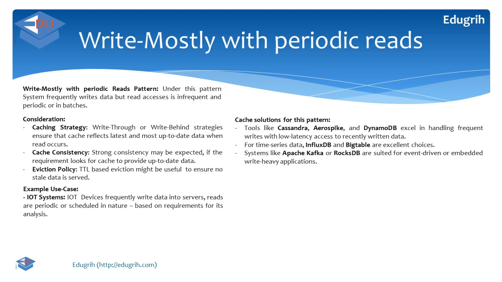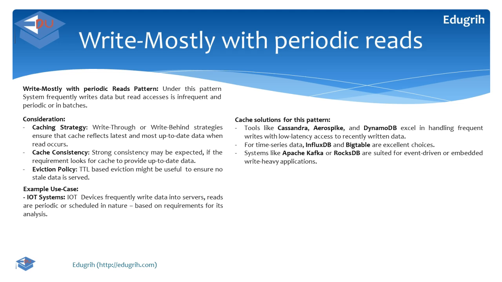Cache solutions for this particular pattern: tools like Cassandra, Aerospike, and DynamoDB excel in handling frequent writes with low latency access to recently written data. For time series data, InfluxDB and Bigtable are excellent choices. And systems like Apache Kafka or RocksDB are suited for event-driven or embedded write-heavy applications.